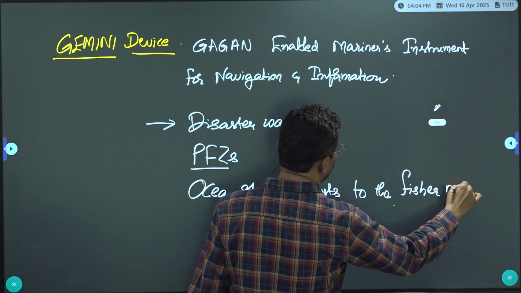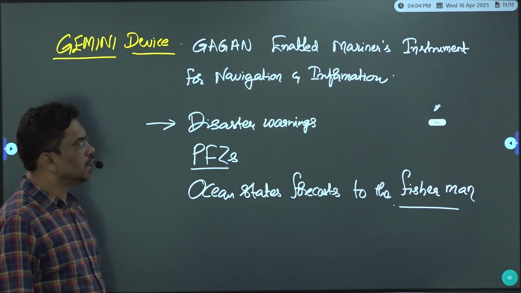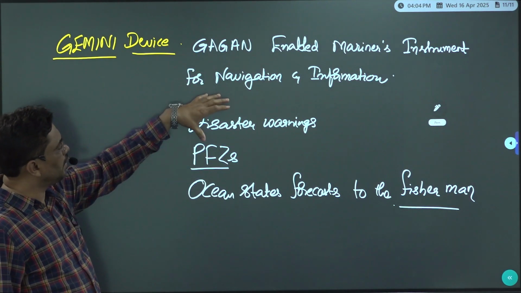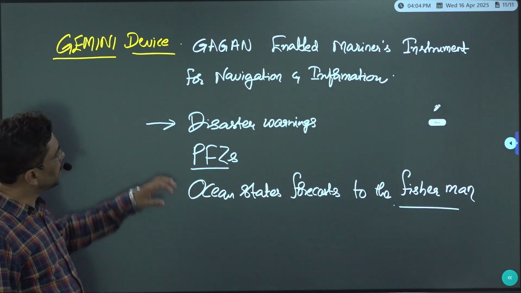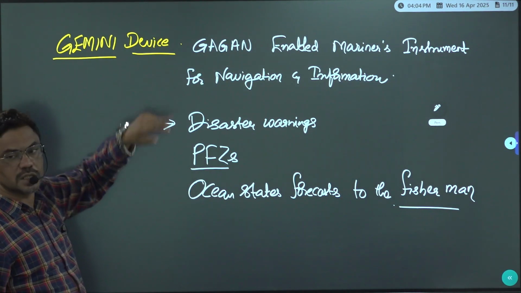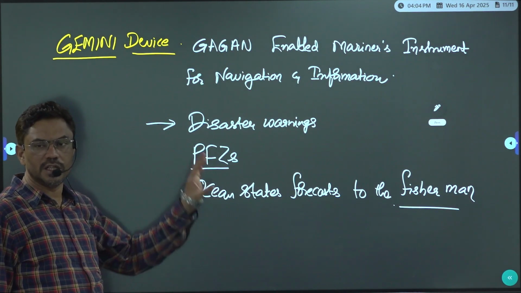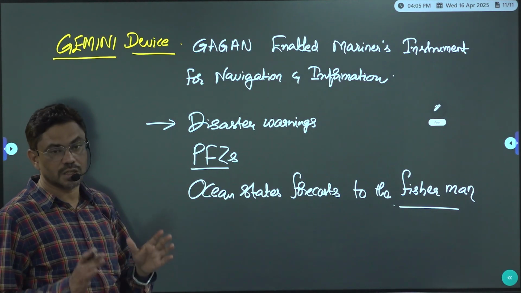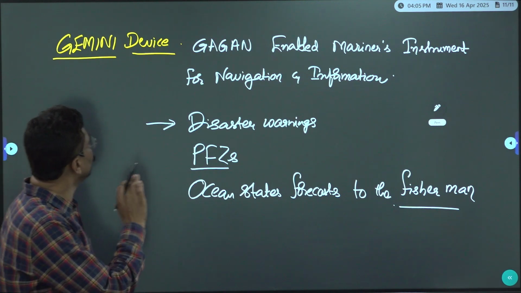So actually, just remember this one, GEMINI device. What is GEMINI device? It is Gagan Enabled Mariners Instrument for Navigation and Information. It is a mobile application which works based on the Gagan system, for dissemination of information regarding disaster warnings, potential fishing zones, as well as ocean state forecasts, that is, ocean weather conditions, to the fishermen. Okay, right. This is GEMINI device.